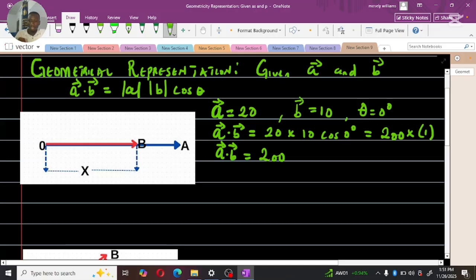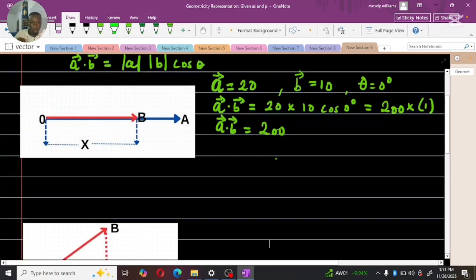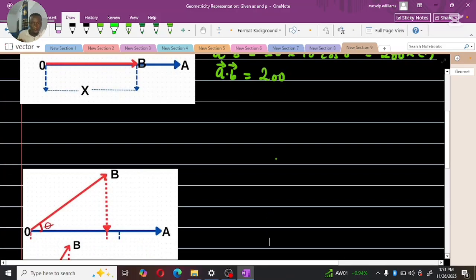Now for the second one, A is equal to 20, B is equal to 10. Those are the magnitudes, while theta here, let's say, is equal to 30 degree.